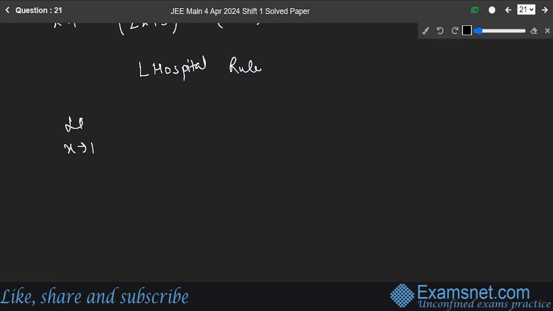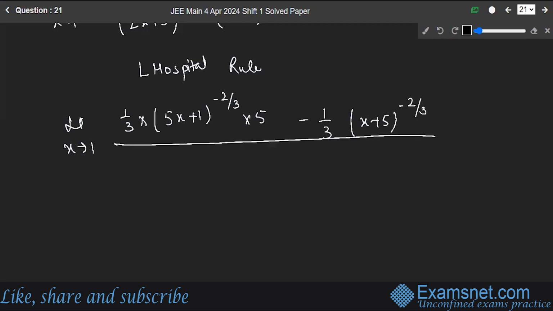This will give me 1 by 3 into (5x plus 1) raised to minus 2 by 3 multiply 5 minus the derivative of the second term, this whole thing divided by 1 by 2 into 2 into (2x plus 3) raised to minus 1 by 2 minus 1 by 2 (x plus 4) raised to power minus 1 by 2.